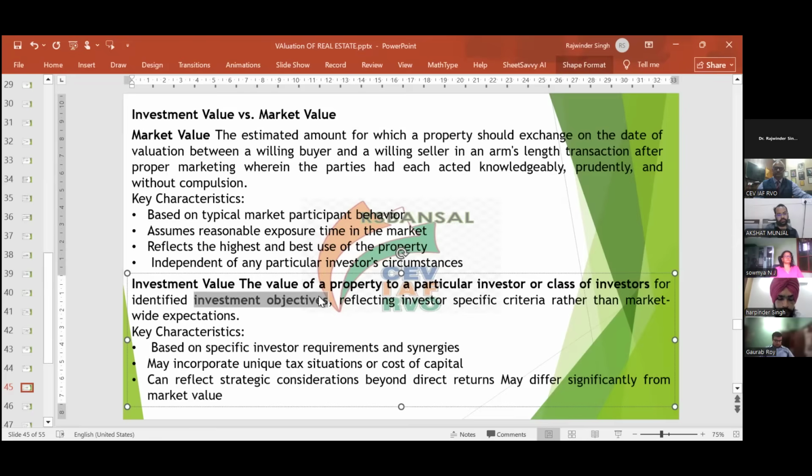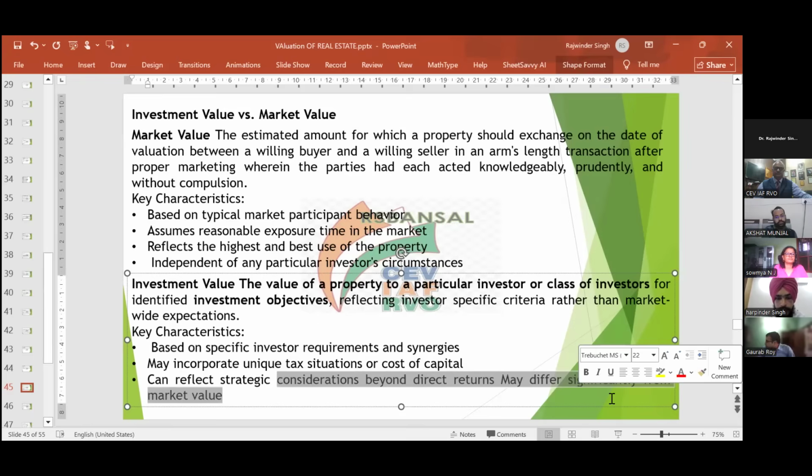So market value may not be investment value. These are based upon specific investors' requirements. They may incorporate unique tax situations or cost of capital, and can reflect strategic considerations beyond direct returns, and may differ significantly from the market value.